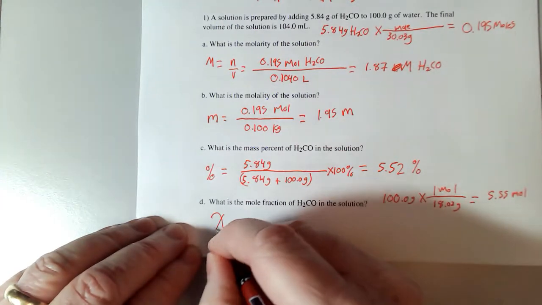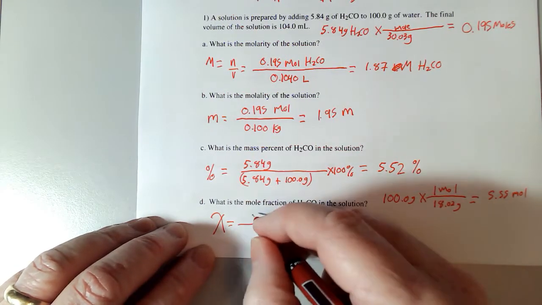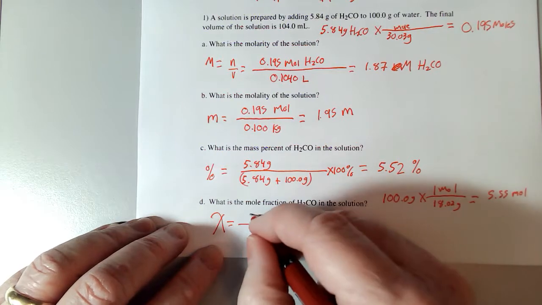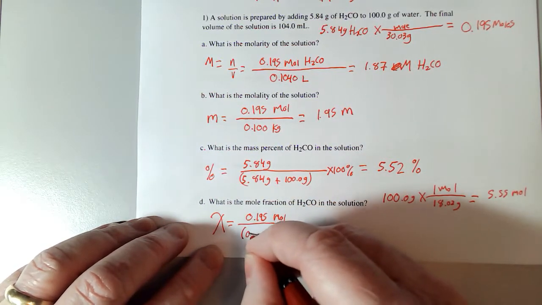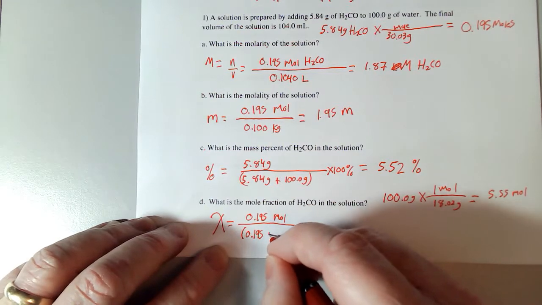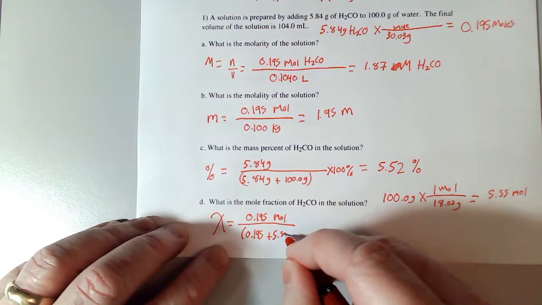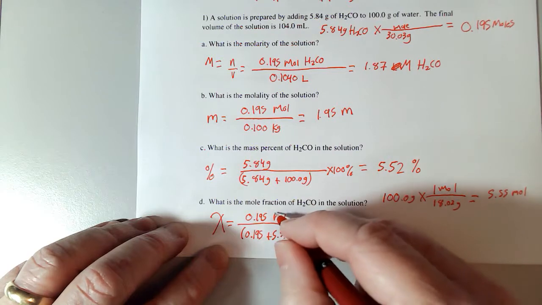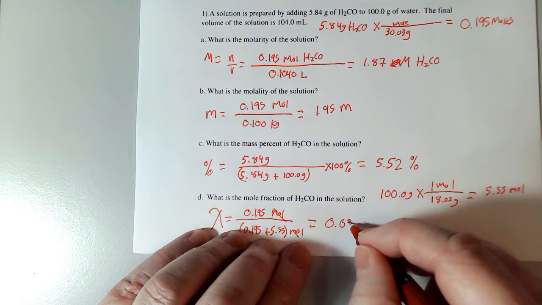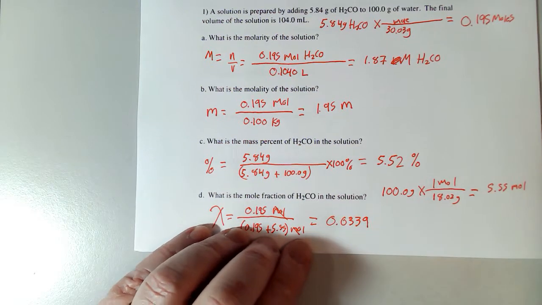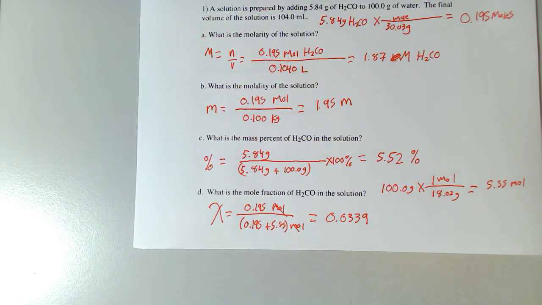So the mole fraction is going to equal the 0.195 moles over 0.195 plus 5.55 moles. Moles cancels, and this is 0.0339, and it has no unit. It is considered to be dimensionless. Okay, moles over moles cancels out.